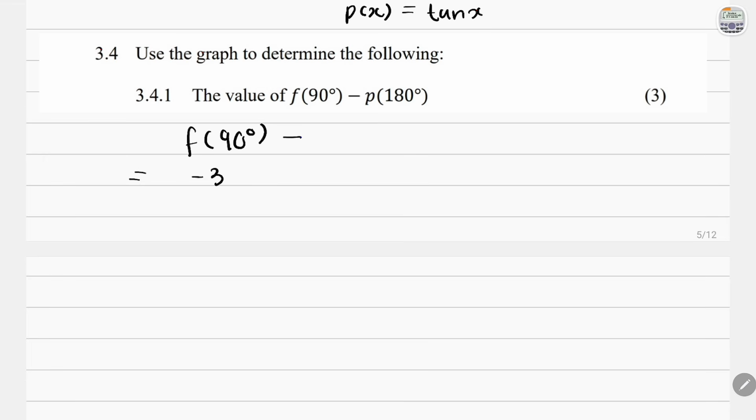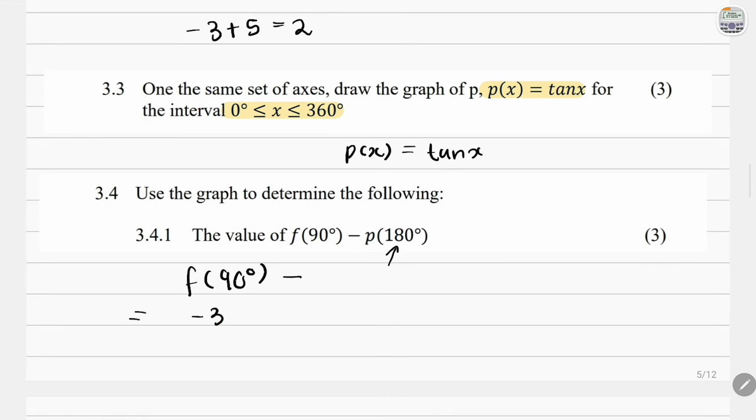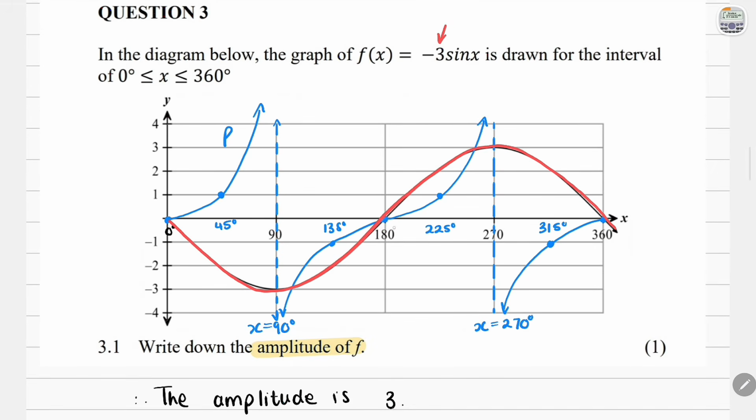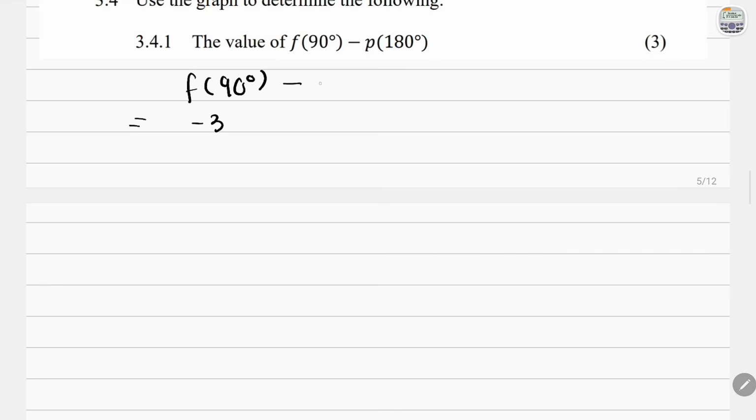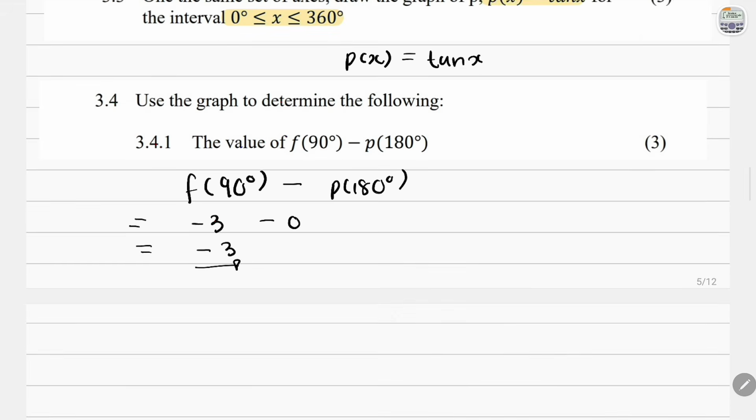So on the graph of p, the tan graph, what is the y value at x equals 180 degrees? We know that the blue graph has a y value of 0. Always just go to the y-axis to see its y value. So that is minus p of 180 degrees, which has a y value of 0. So this is simply equal to negative 3, and that is our answer.